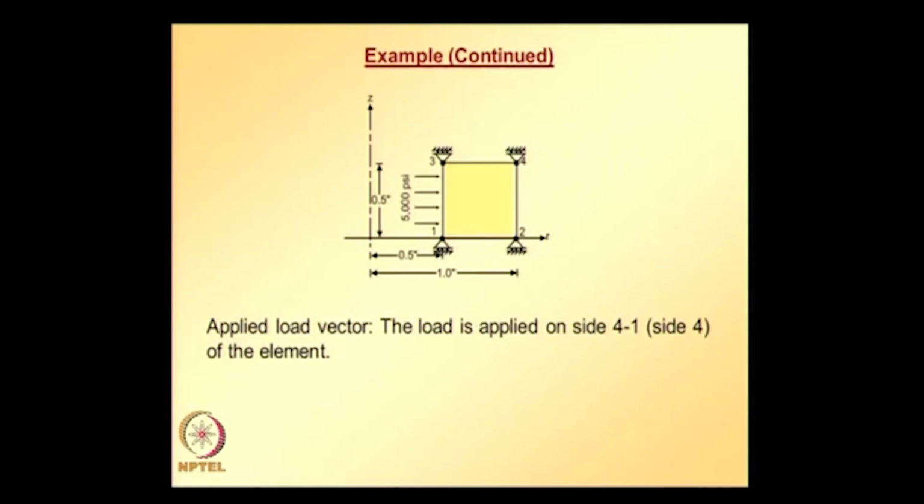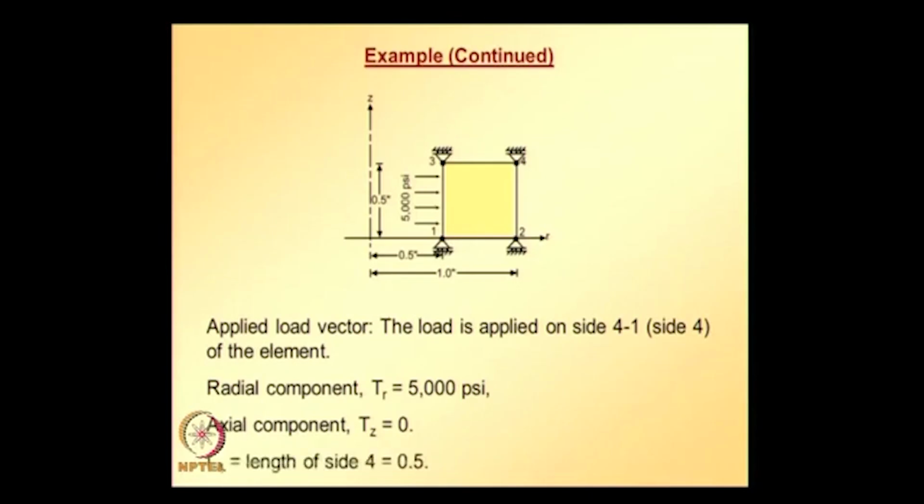So, the load is applied only along side 4 1 or side 4, and the radial component and axial component of tractions are given here. We also need to note the length of this side. Length of side 4 is 0.5.